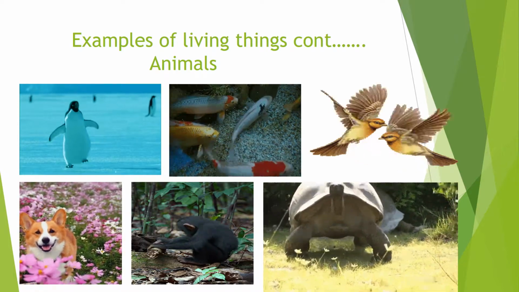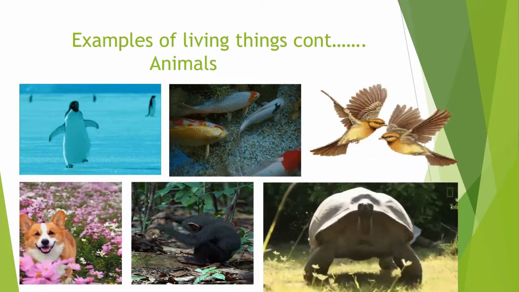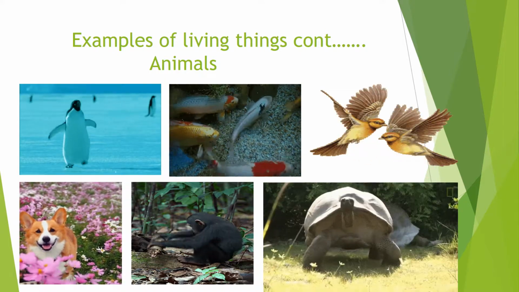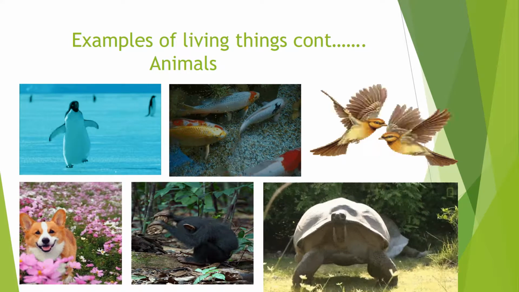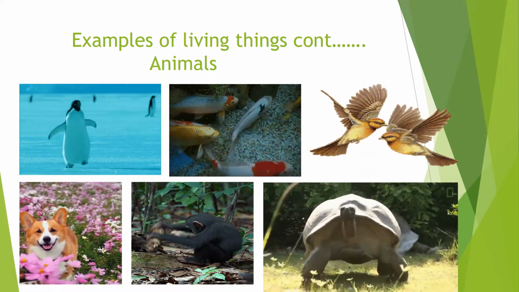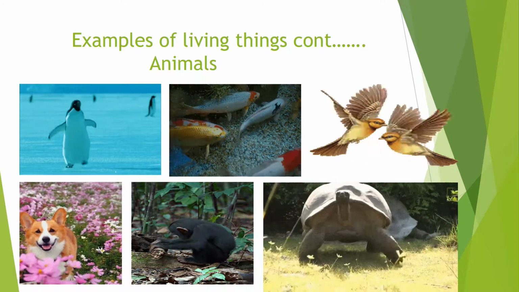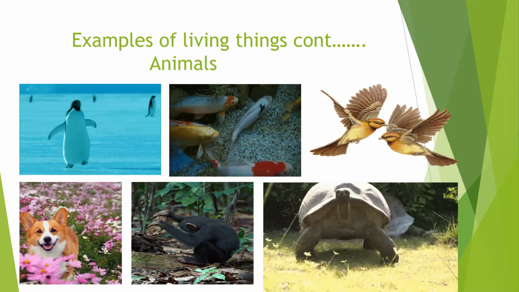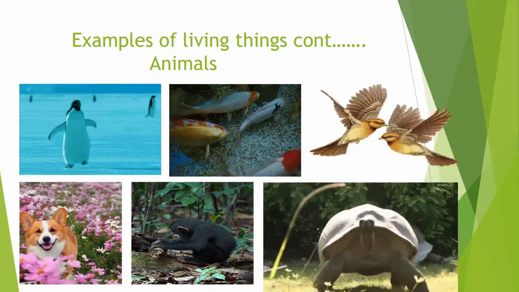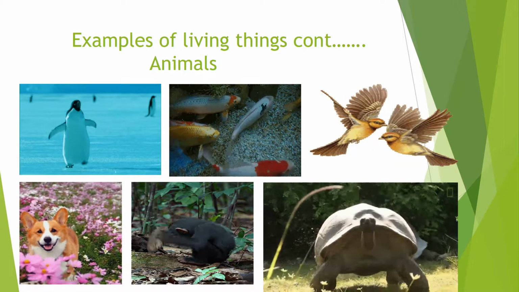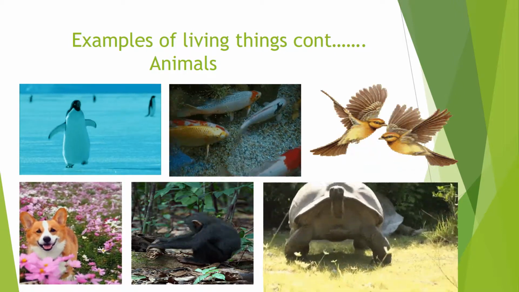We have fish also found in the lakes and rivers. We have birds that fly in the air. We also have a dog that stays in our homes. We have a monkey that stays in the forest. We have a tortoise. All these are examples of living things under animals.